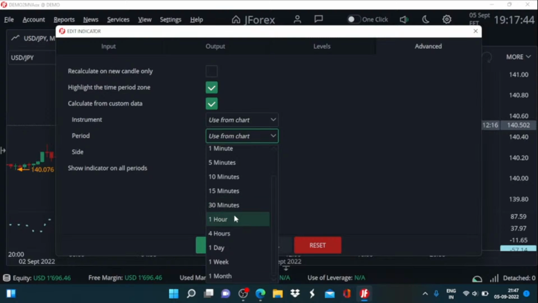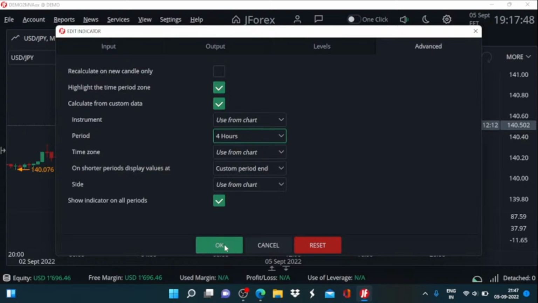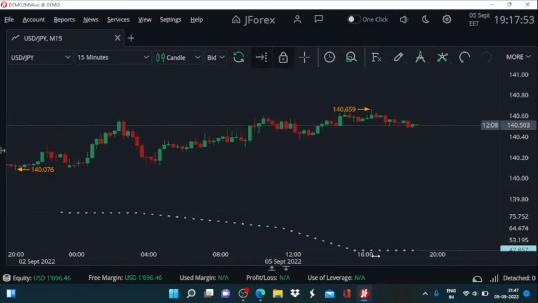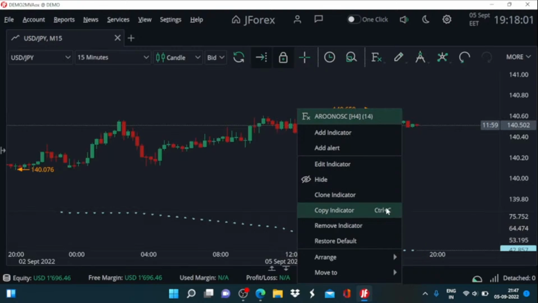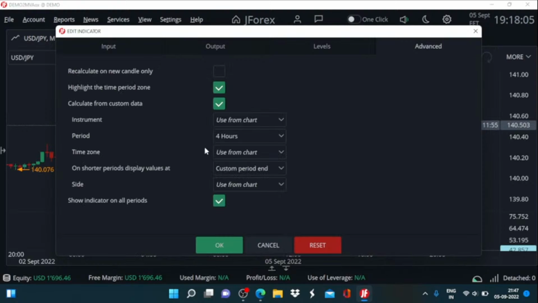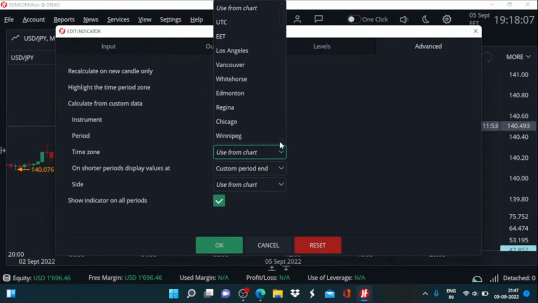So suppose the chart is of a lower time frame, but you want the Aroon oscillator to be of the higher time frame, then you can work with that kind of system also. Here this Aroon oscillator is being drawn using the 4 hourly candlestick data, even though the chart is of 15 minutes only. Time zone can be set as per your requirement.